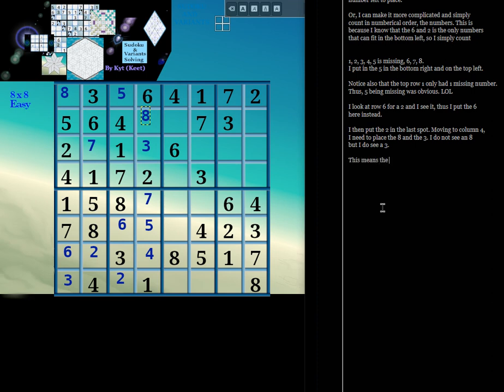This means the 8 must go in row 2 and the 3 in row 3.